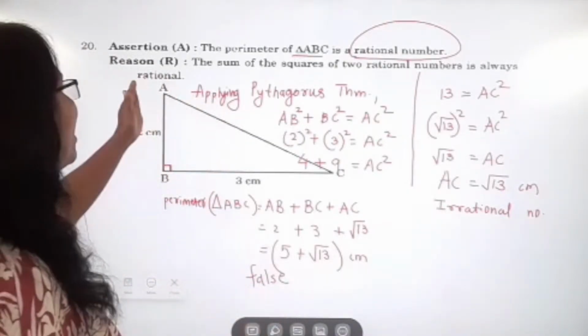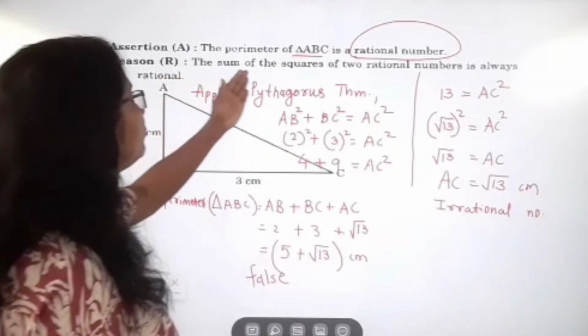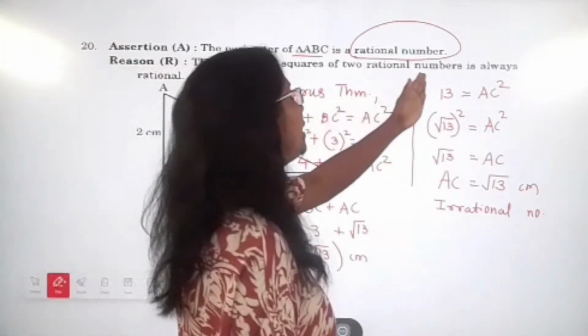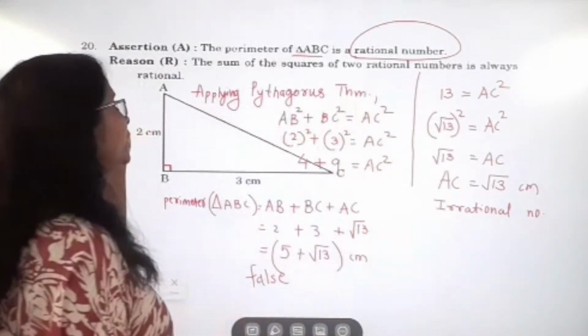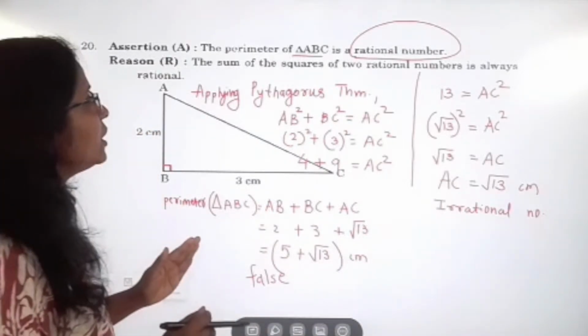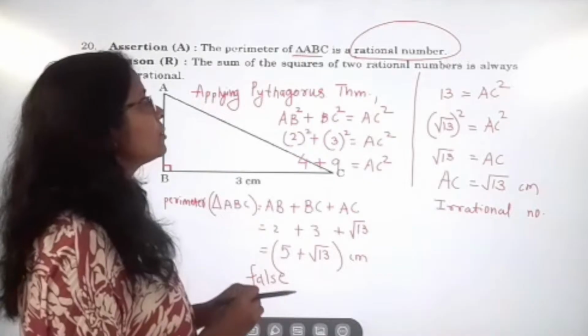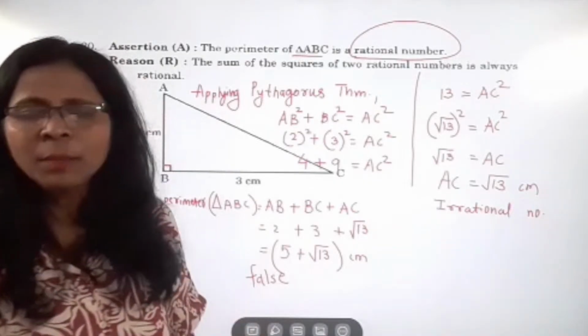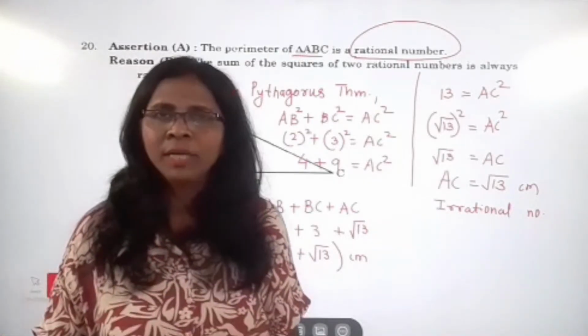Now what about the reason? The sum of the squares of two rational numbers is always rational. See here students, suppose there are two rational numbers and you square these rational numbers and then do the addition, then that is always a rational number. The sum of the squares of two rational numbers is always a rational number.